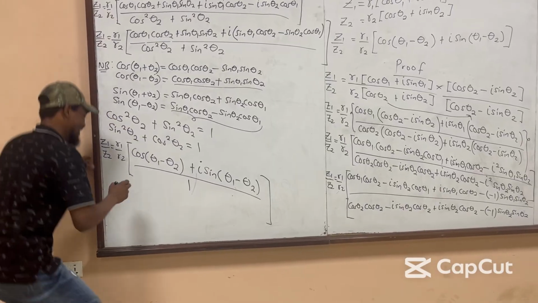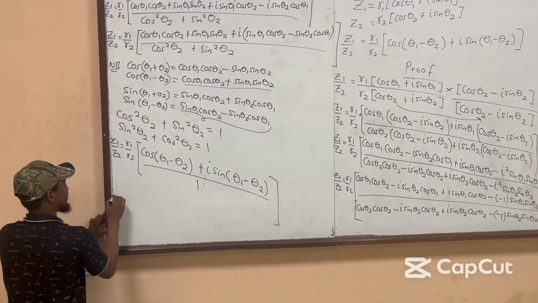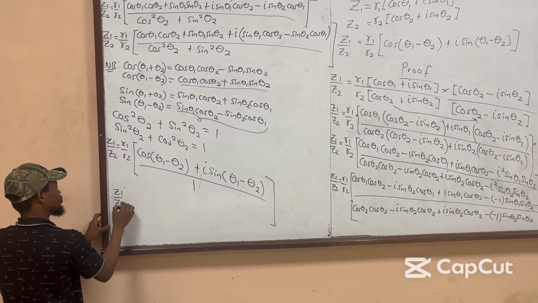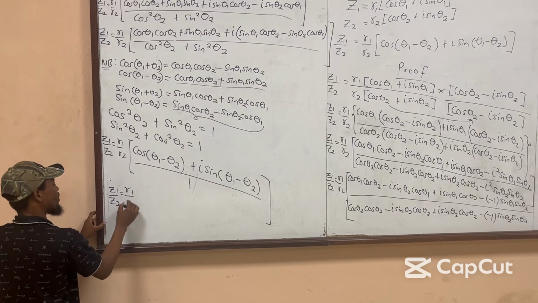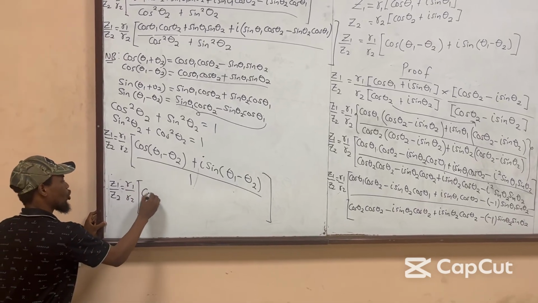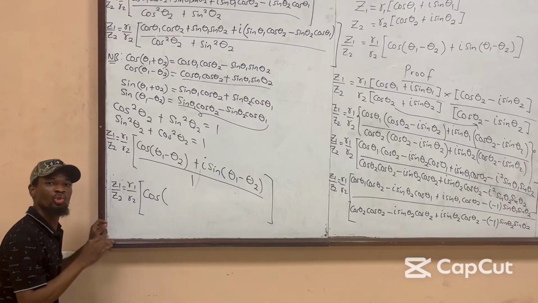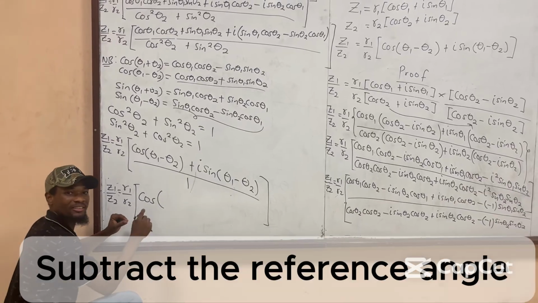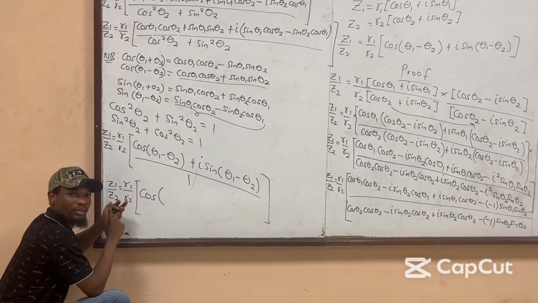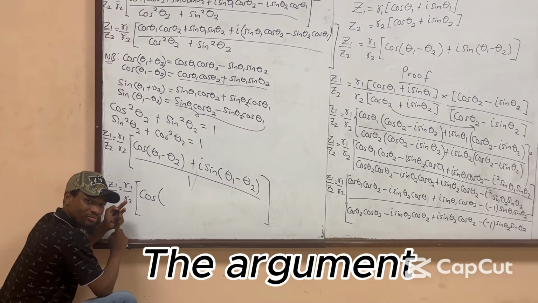So finally, I can say that the complex number z1 over z2, which is the same as r1 over r2, is the same as cos of the difference of the reference angles or arguments.